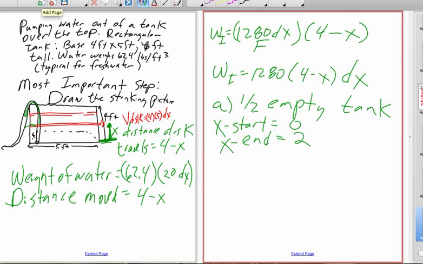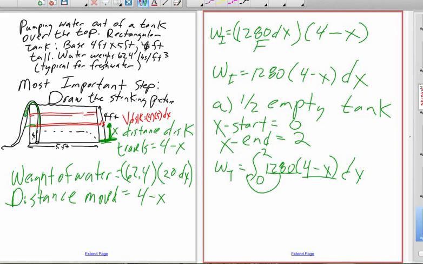So my total work is going to be the integral from 0 to 2 of this, 1280 times (4 minus x) dx. Pull this out, and then you're going to have to integrate this thing. I'm not going to do this for you.